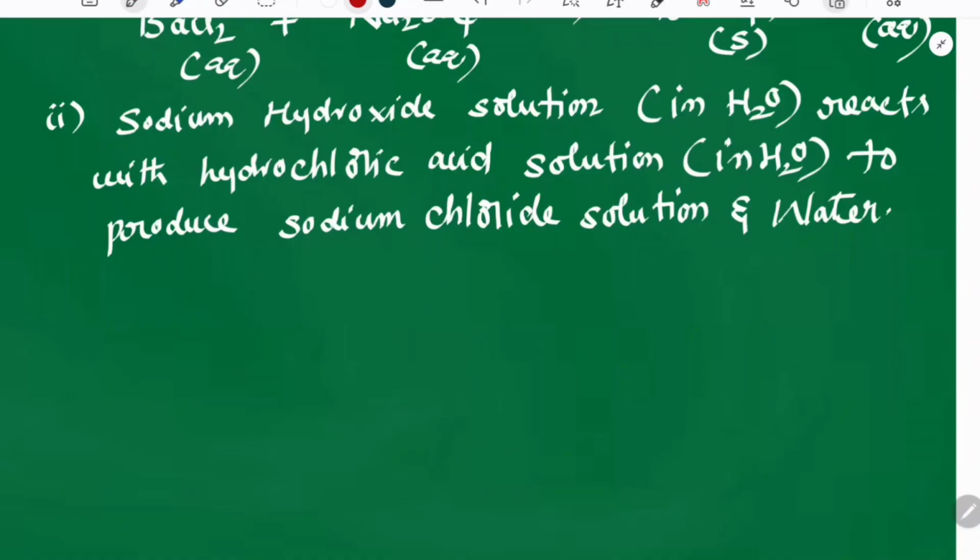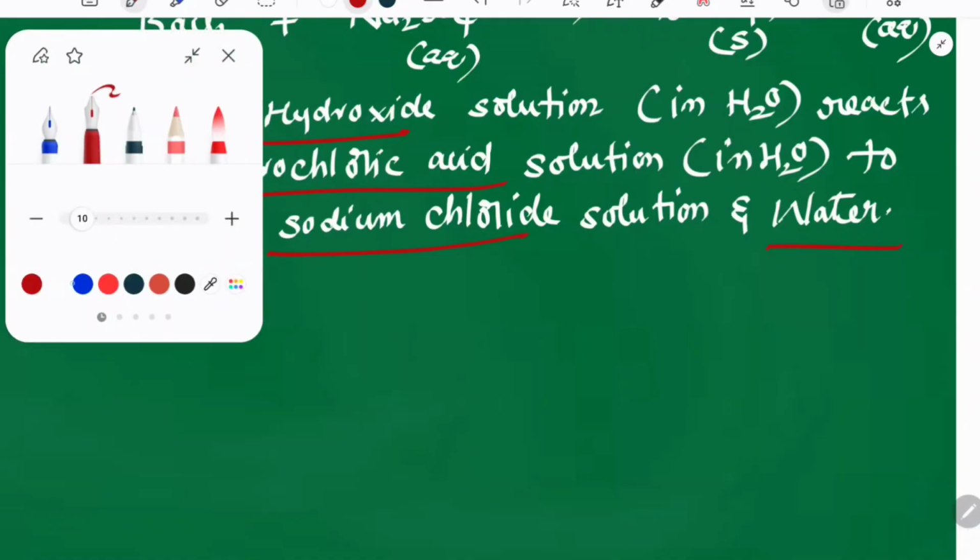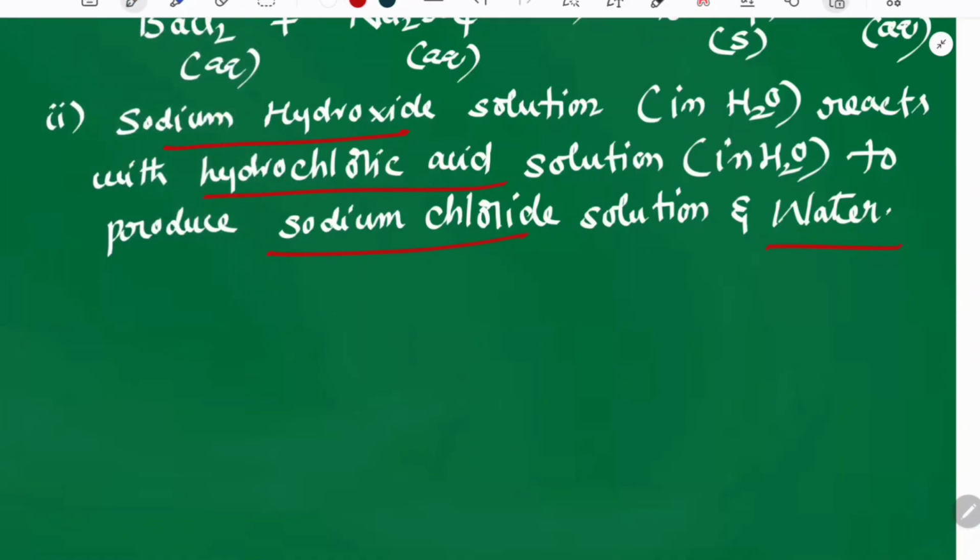So here, just see: sodium hydroxide reacts with hydrochloric acid to produce sodium chloride and water. So first we write the formulas. Sodium hydroxide NaOH, hydrochloric acid HCl, sodium chloride NaCl plus water.